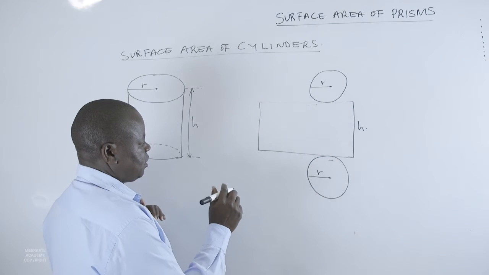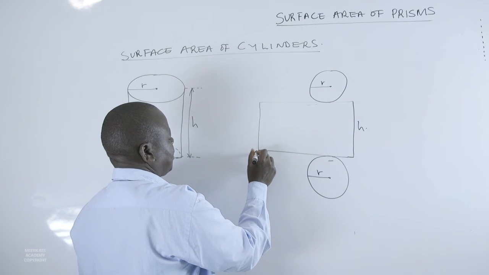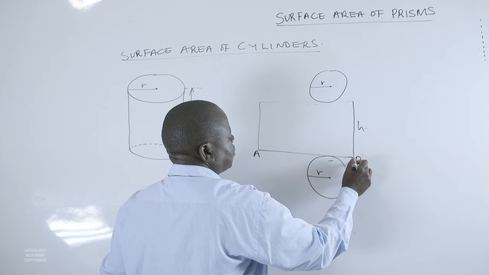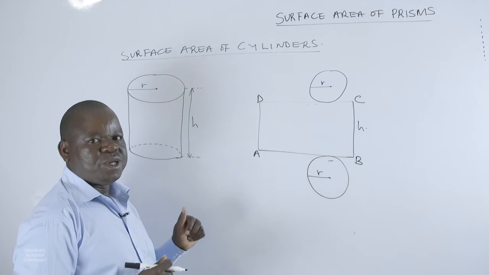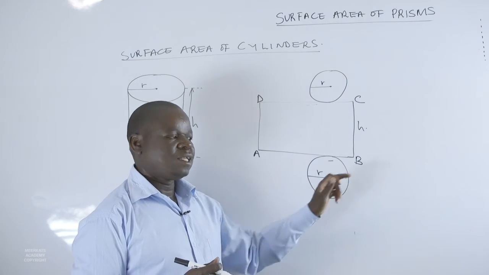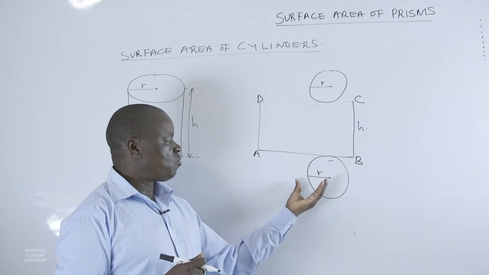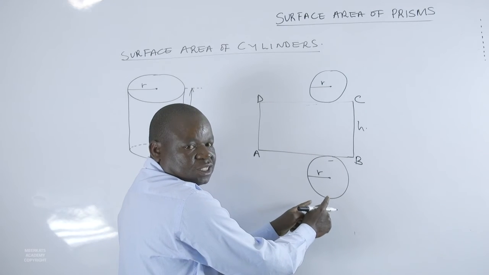You remember that if we have this as A, B, C, D, the distance AB is basically the circumference of the circle, because when we curve this round, it should be able to fit into this circle.